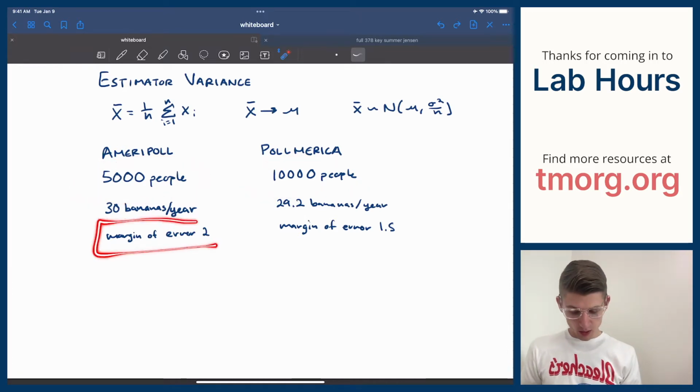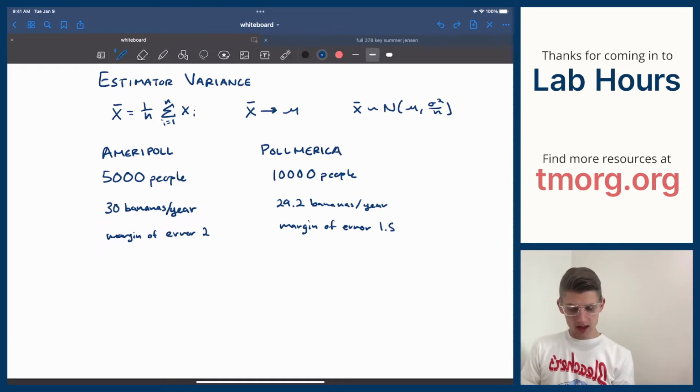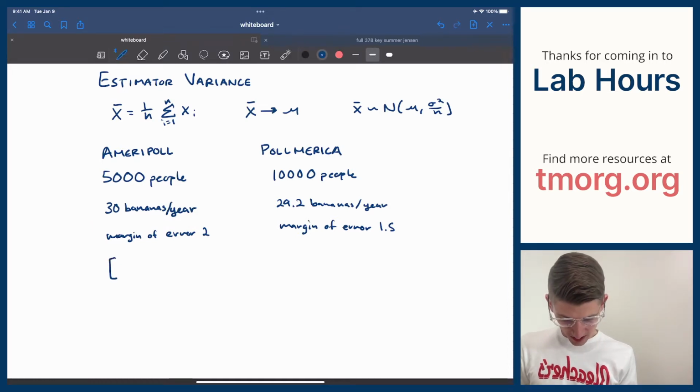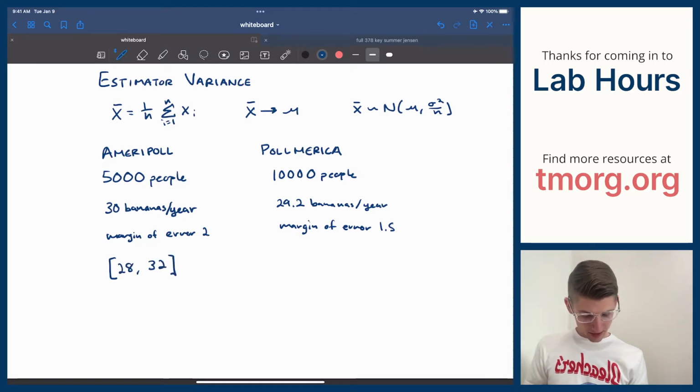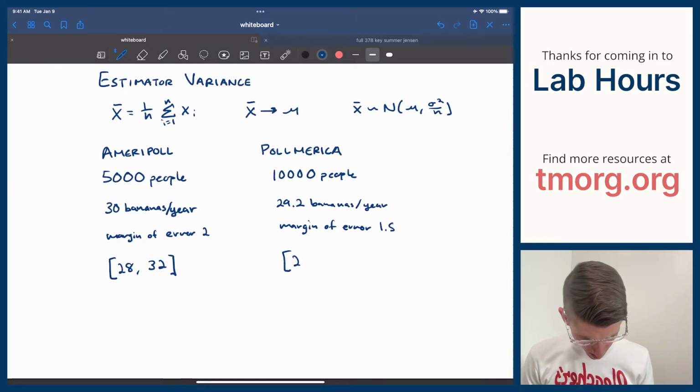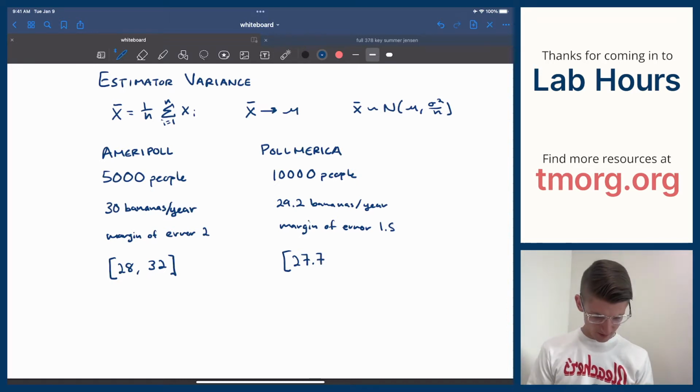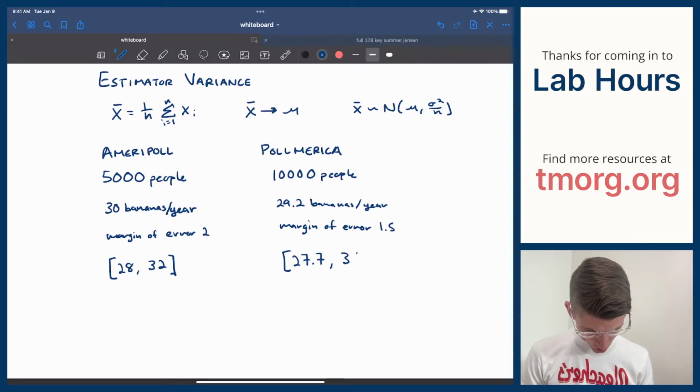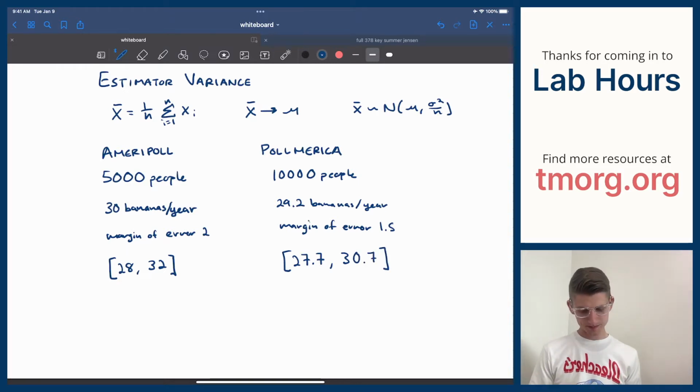So what they do is they report this margin of error. And what this looks like, if we pull out 2, the Ameripoll margin of error is 28 to 32. And the Pollmerica margin of error becomes 27.7 to 30.7. That's where they end up.